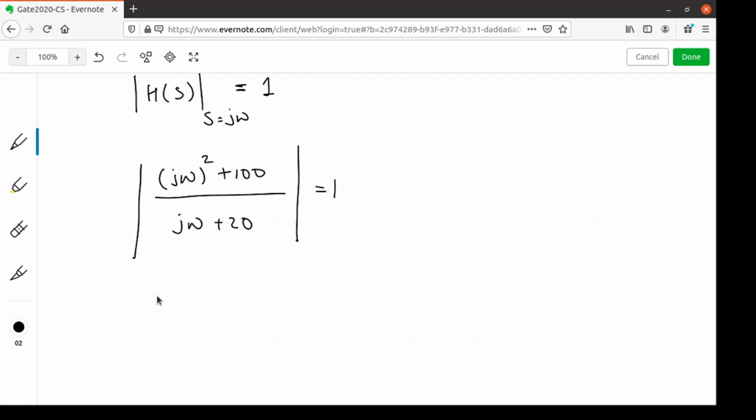Now (j omega) squared is nothing but minus omega squared, since j squared is minus 1. So it will be the magnitude of (100 minus omega squared) divided by (j omega plus 20) equals 1.